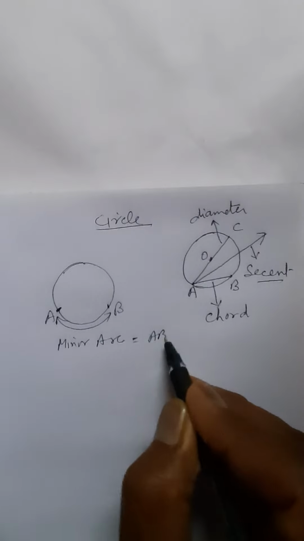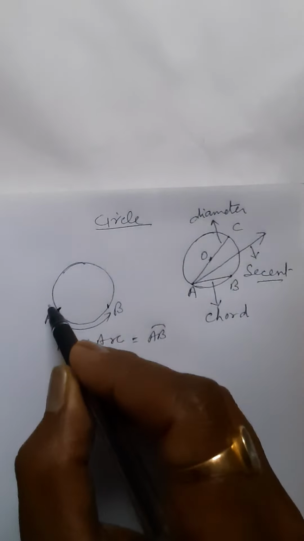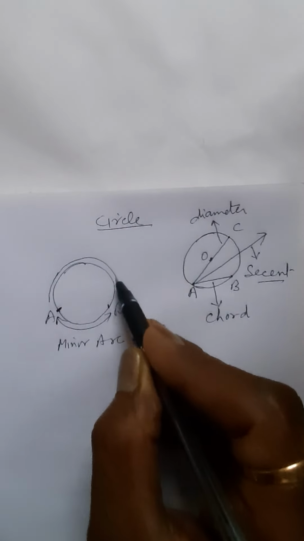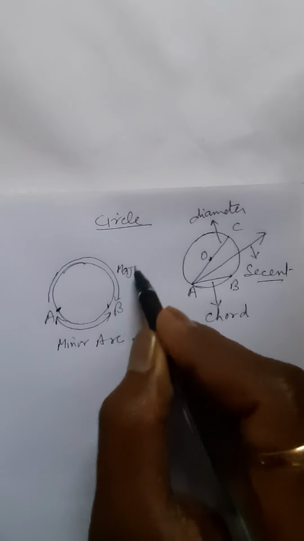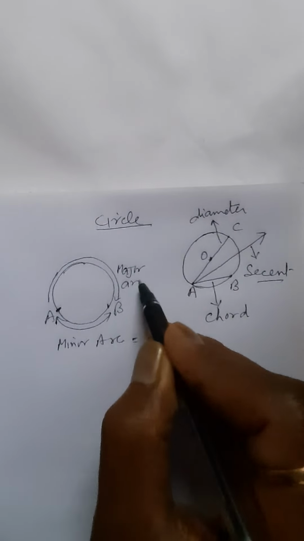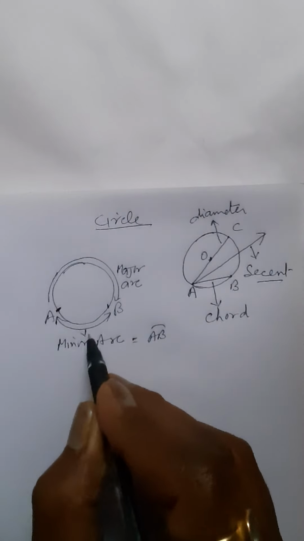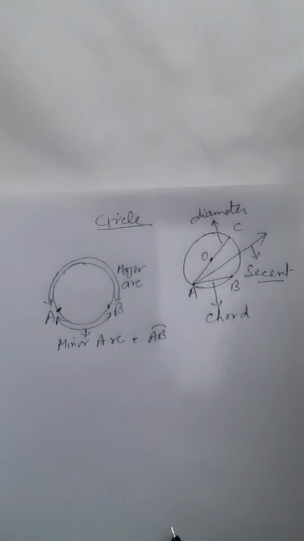Notation AB, this sign represents arc. This one is the major arc. And this one is the minor arc. So these you have to learn.